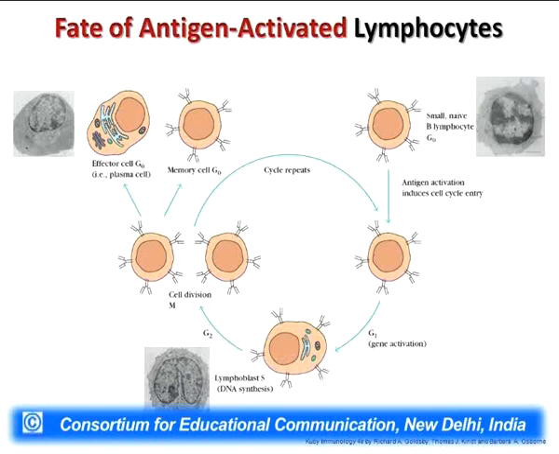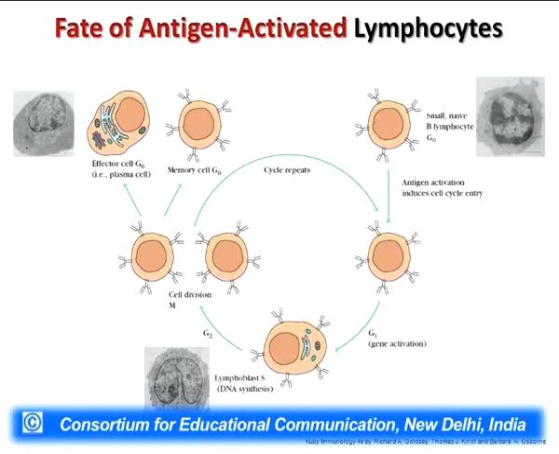If you look at the electron microscope diagram, we can see a huge amount of nuclear DNA being replicated at this phase, and finally these replicated cells divide into two daughter cells, each containing an exact copy of the parental cell. Now these daughter cells have two fates.